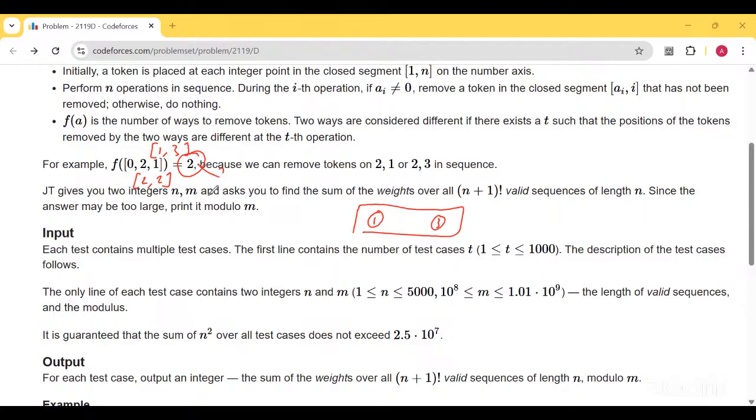What else? Let me give you another example. If the sample is like this, okay, can you predict what is the score of this array?